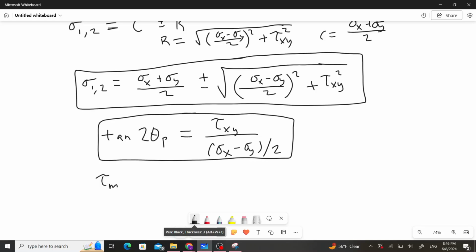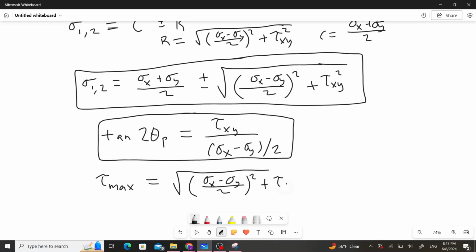Max in-plane shear is equal to the radius, which is sigma x minus sigma y divided by 2 squared plus tau xy squared, all of that, take the square root of it.